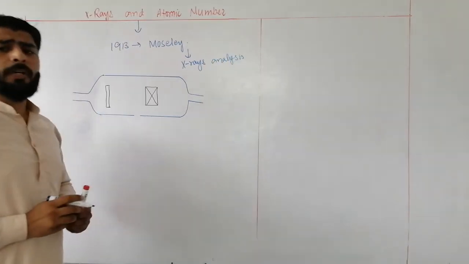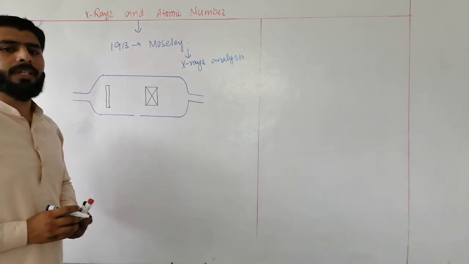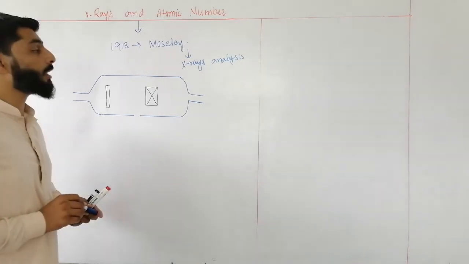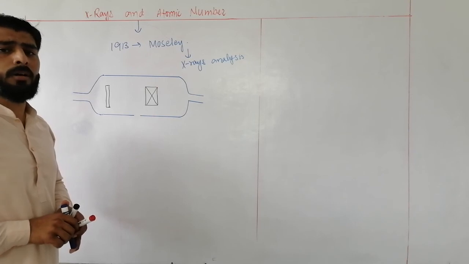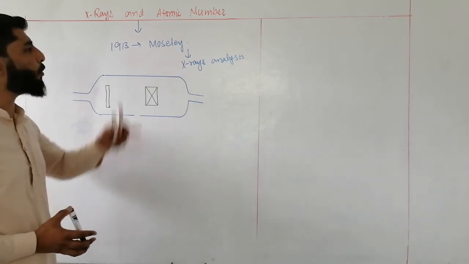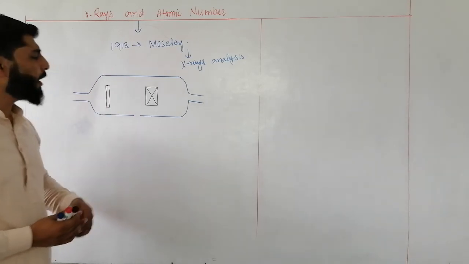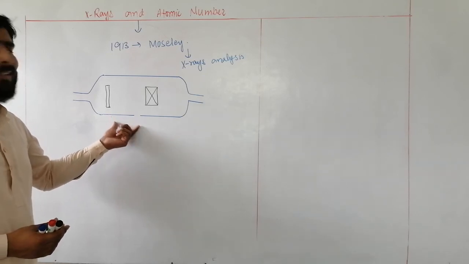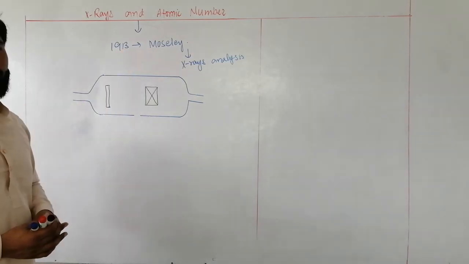He performed this experiment to determine the properties of different elements, and according to his experiment he redefined the periodic law, which is now known as modern periodic law and modern periodic table or Moseley's periodic table. Students, he used an X-ray tube to perform this experiment.